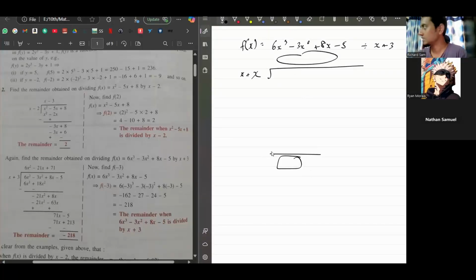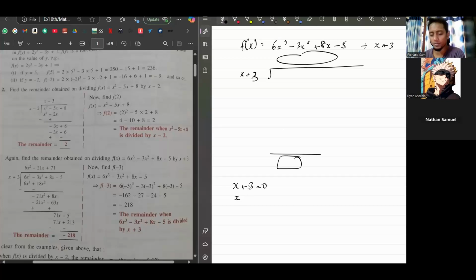To get this remainder, what you have to do? We take this divisor, which is x plus 3, and write it as x plus 3 equal to 0 and find x.